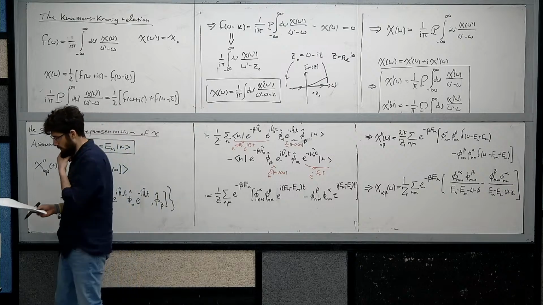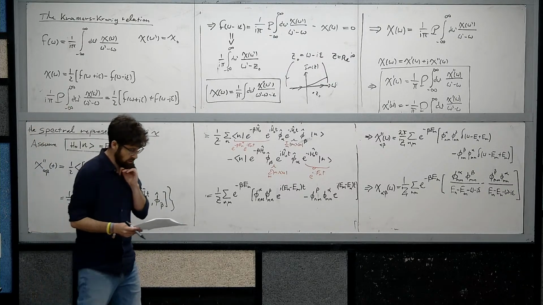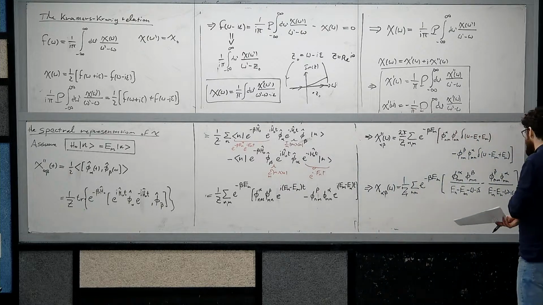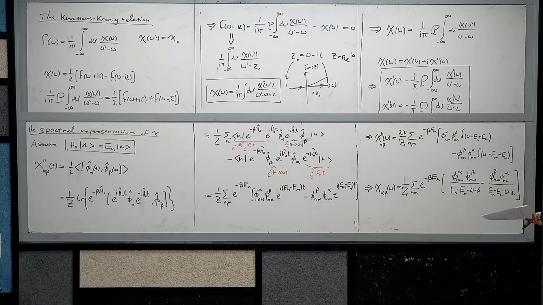So what you see here is that the response function is just a bunch of poles at the many-body energies, which are shifted slightly below.